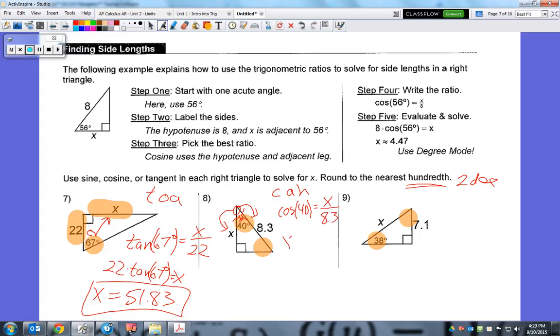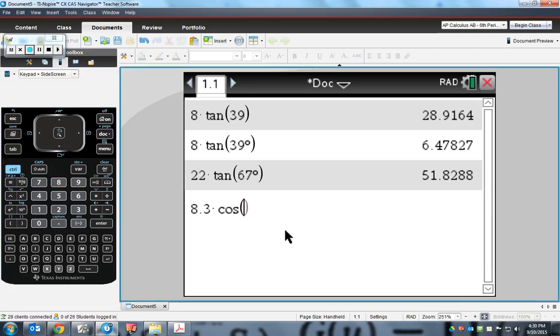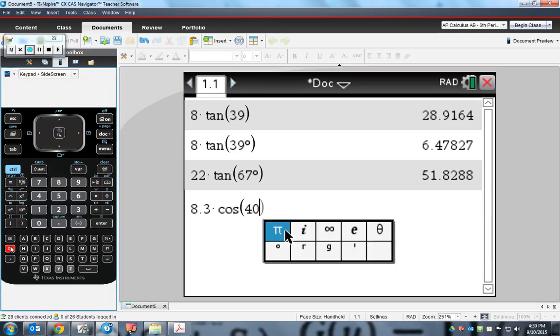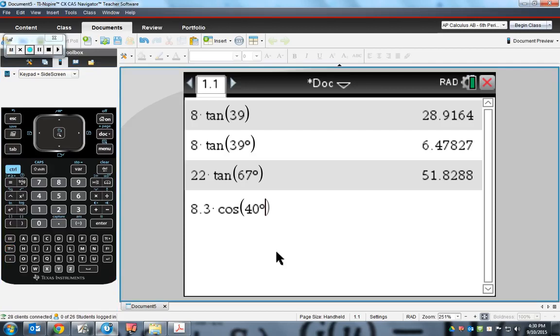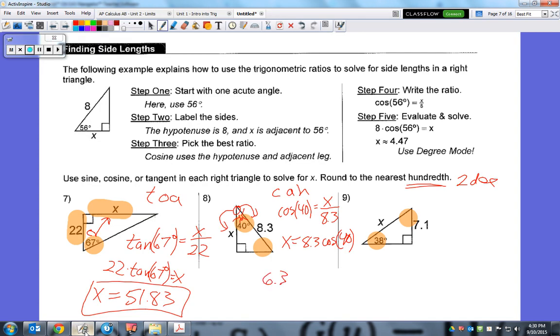We multiply, we get 8.3 times cosine of 40, and so on and so forth. So 8.3 times the cosine of 40 degrees. And again, I would put the degree symbol instead of changing it into degree mode. You just have to remember, otherwise you're going to get the wrong answer. 6.36 is what it will be when it's rounded to the nearest tenth.